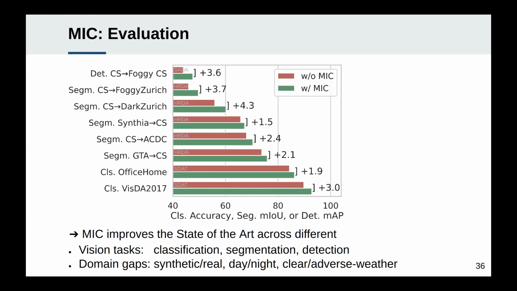We can use it for image classification domain adaptation, and for object detection domain adaptation. We can use it for different domain gaps, synthetic to real, day to night, clear to adverse weather, and we get consistent performance improvement from 1.5 percentage points up to 4.3 percentage points.